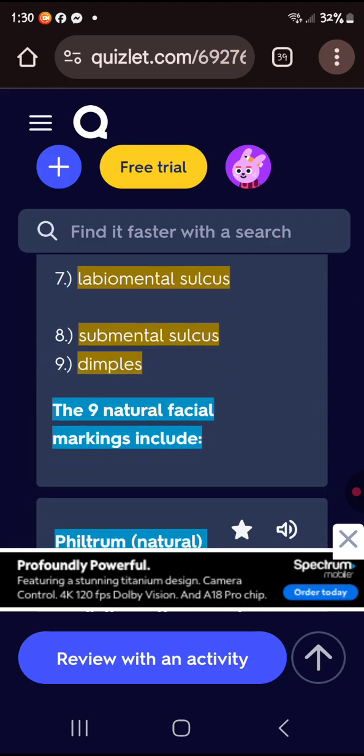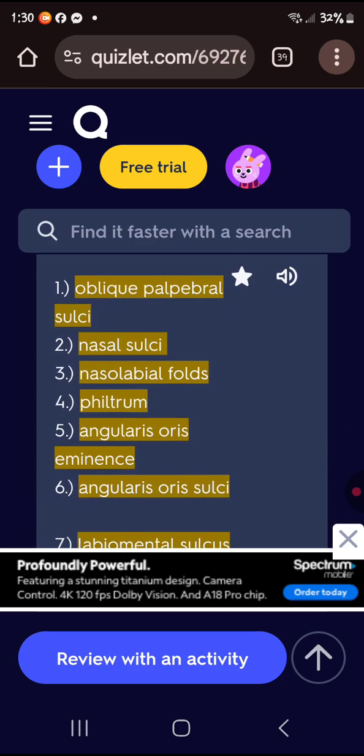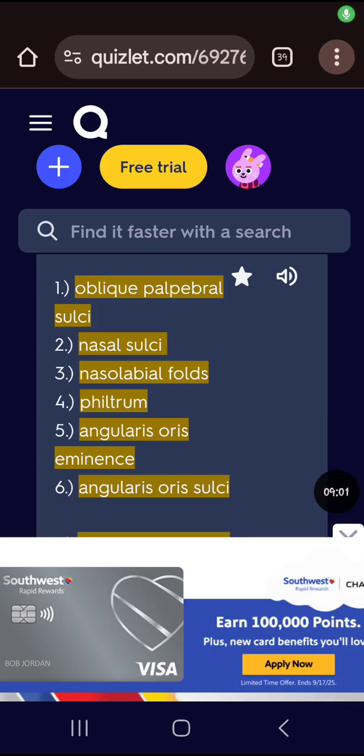The 9 natural facial markings include the oblique palpebral sulci. What does that mean? So we know that palpebral means eyelid and sulci means a wrinkle.